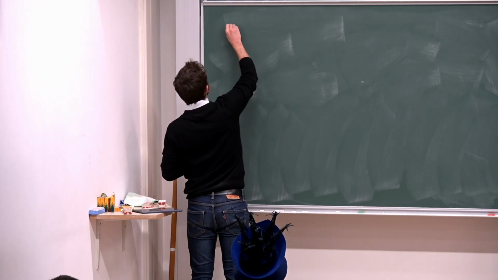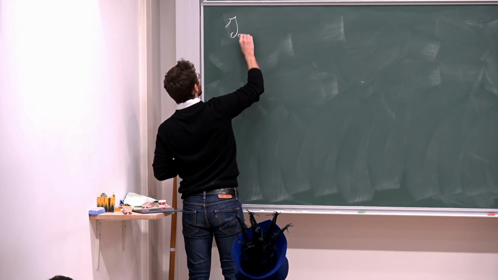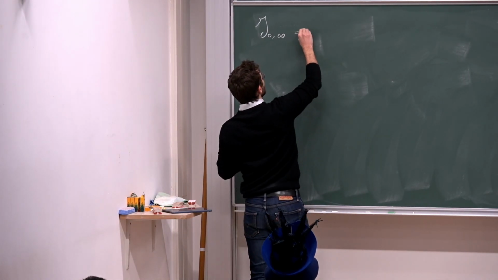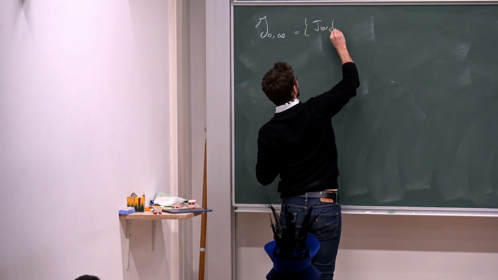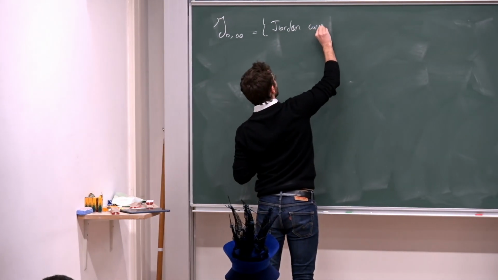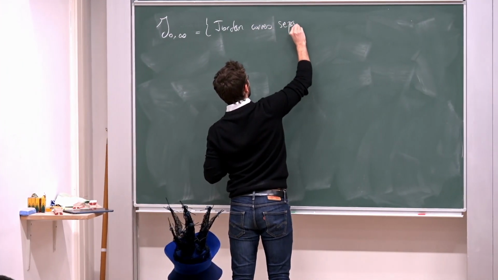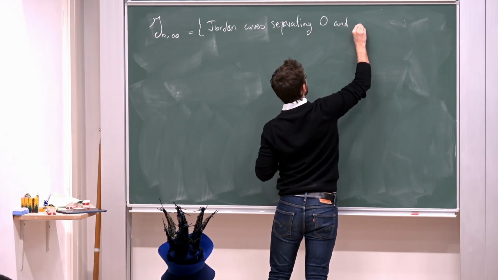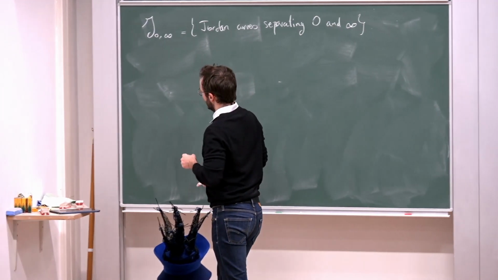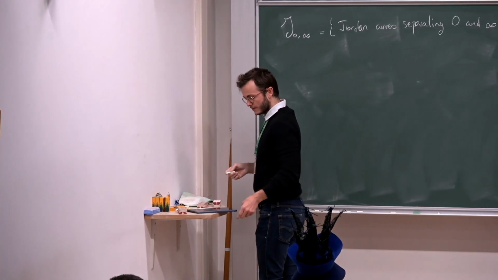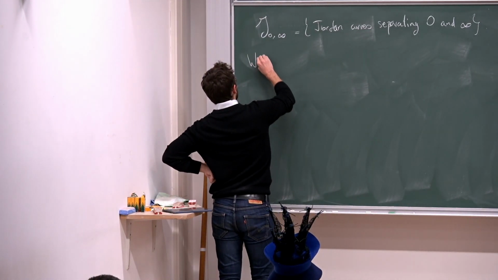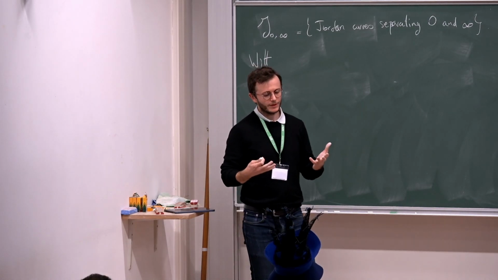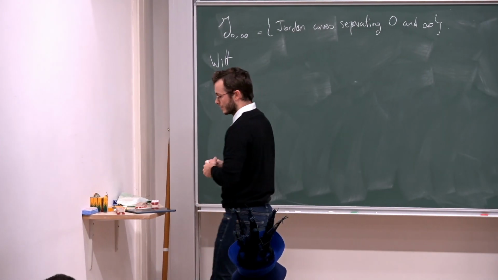Okay, so from now on, I will restrict my measures to the space J_{0,infinity} of Jordan curves separating 0 and infinity. And so what is, okay, the Virasoro algebra, this will be my first algebraic object, which is a Lie algebra.